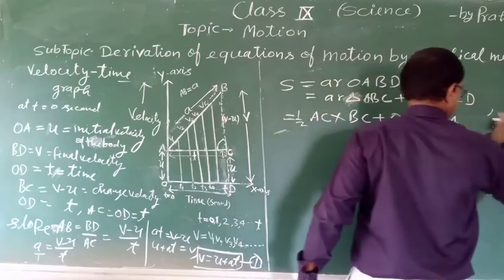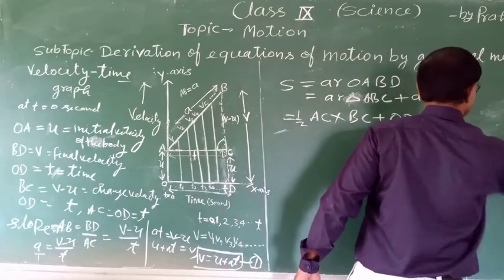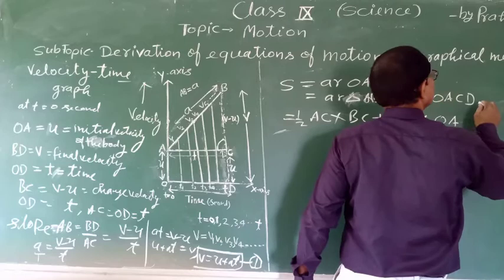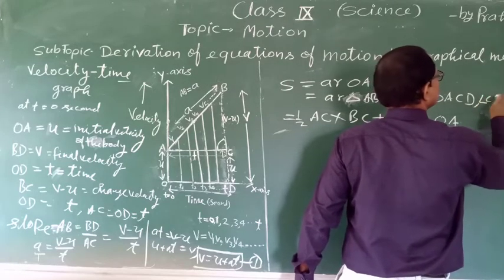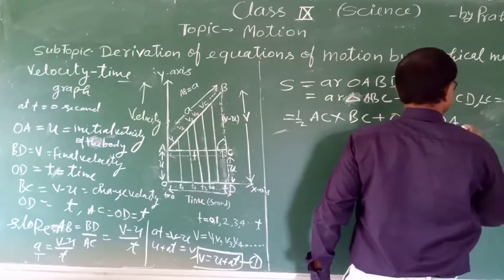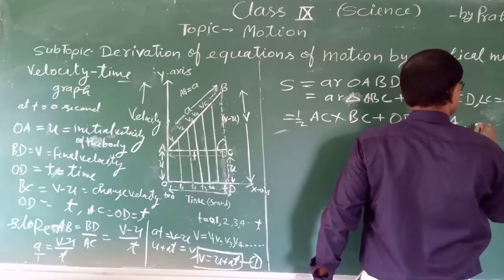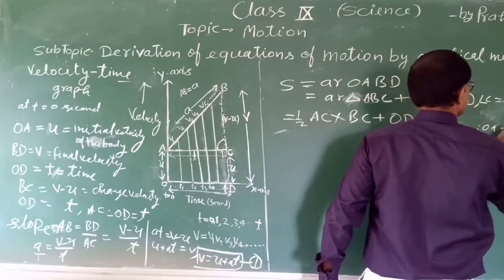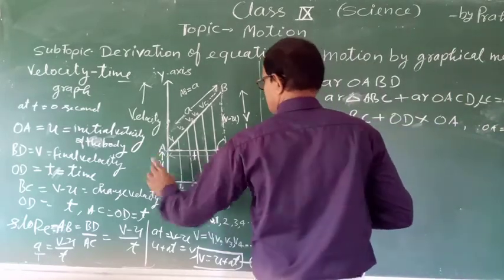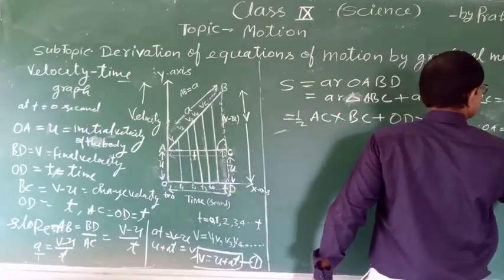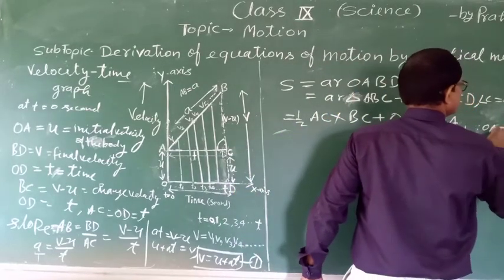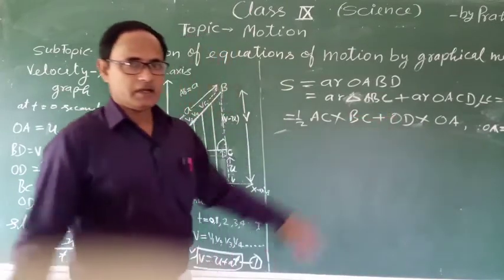Here angle C is equal to 90 degrees, and here OA is equal to CD. Okay, student?